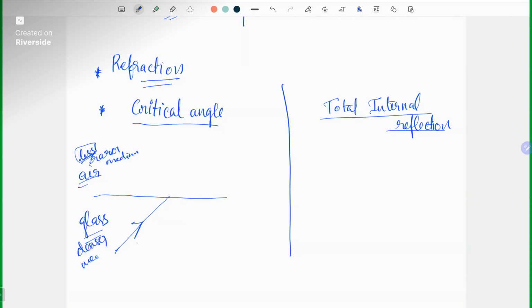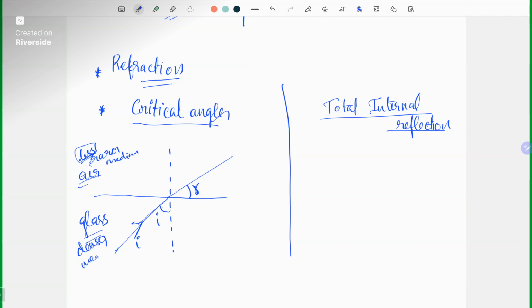When we pass an incident ray from here, and we draw a normal here, it will be refracted like this, and this is the angle of incidence and this is the angle of refraction. Now let's see what the critical angle is.